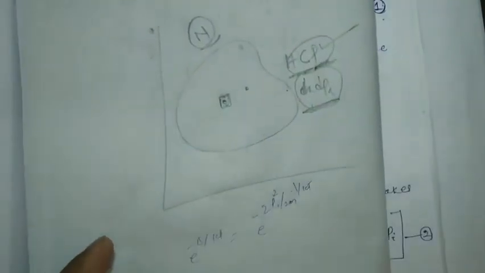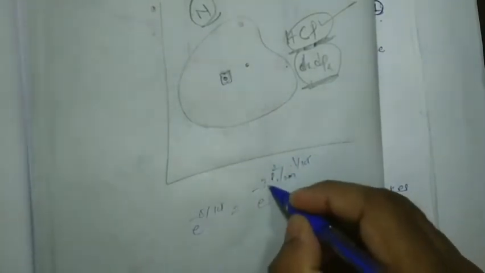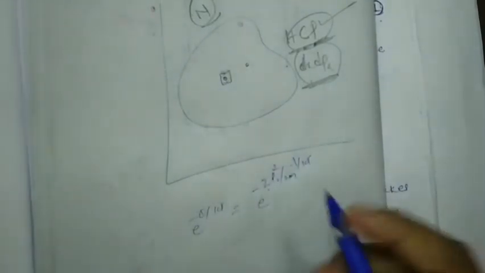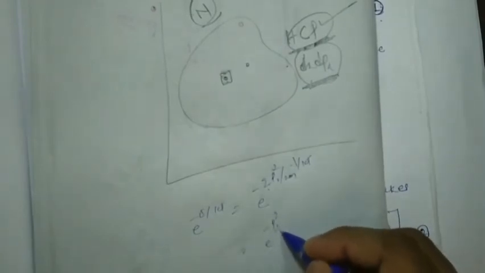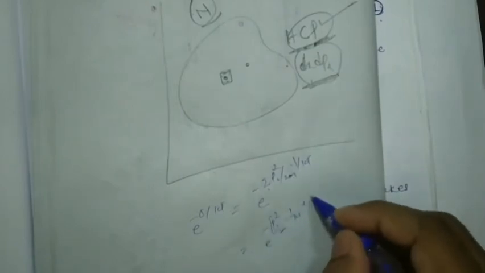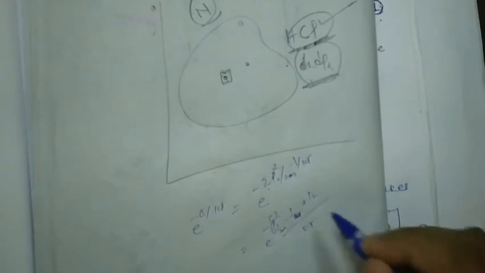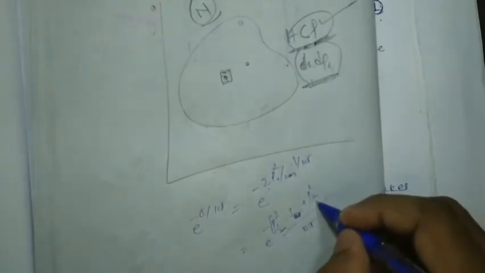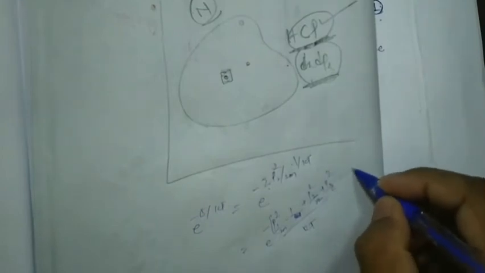So this will be e to the power minus p1 square by 2m into 1 by kT plus p2 square by 2m plus p3 square by 2m, like that, with kT taken commonly.